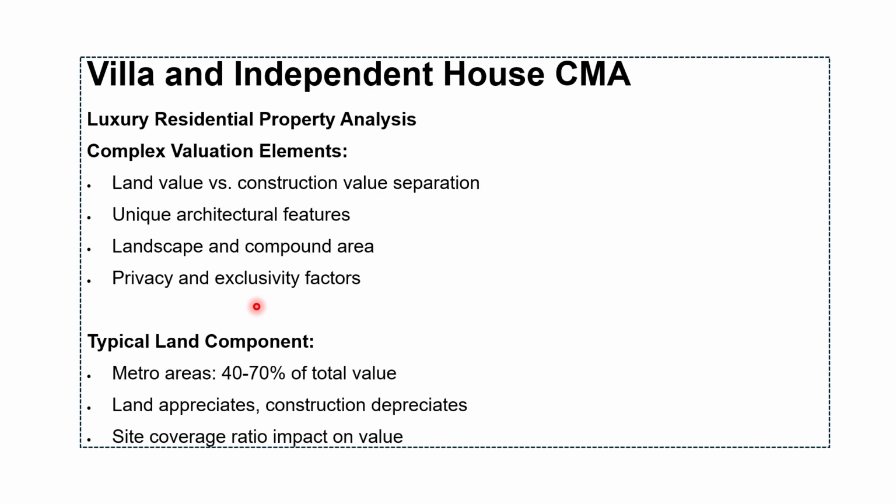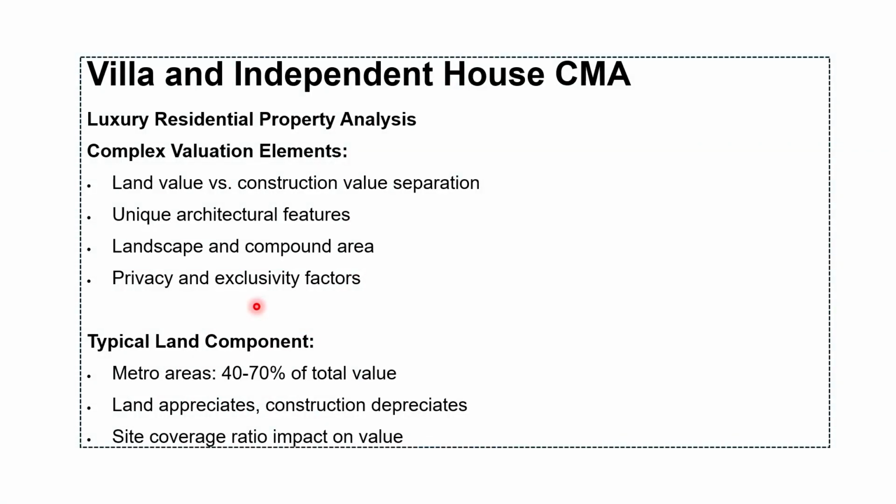Some villas have much more privacy available, and if a transaction has to take place, HNIs, high net worth individuals, might be looking for such features and might quote higher prices for such property. So, valuing a villa is not that straightforward, it's very complex.